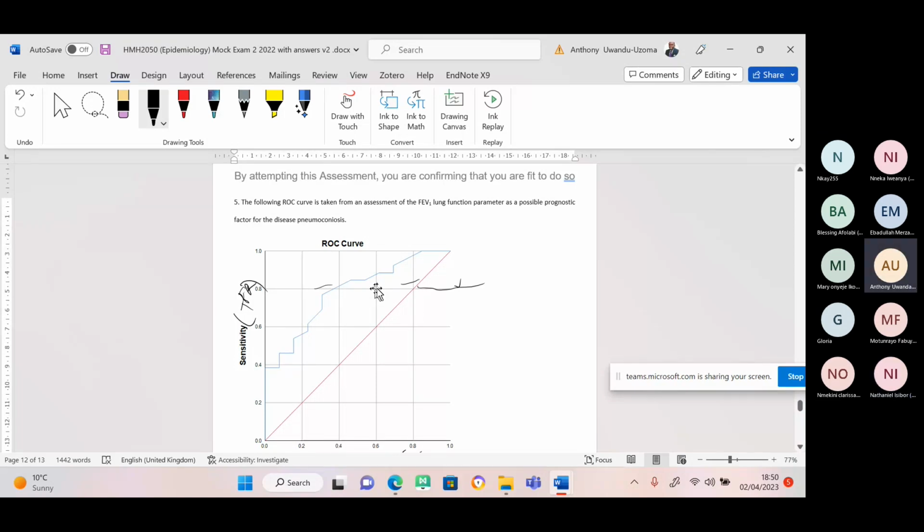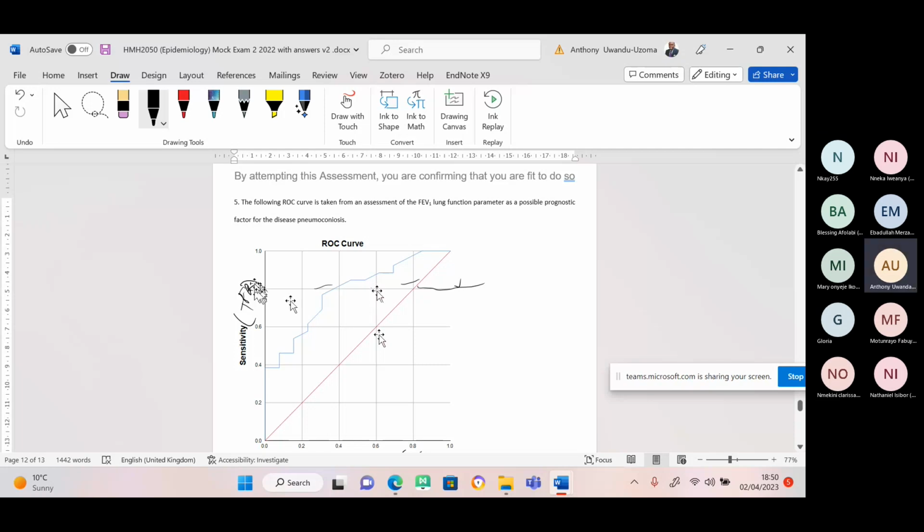I mean sensitivity, not specificity. What's this? That's 80%, 0.8. So the sensitivity at this point is 0.8, which is 80%.